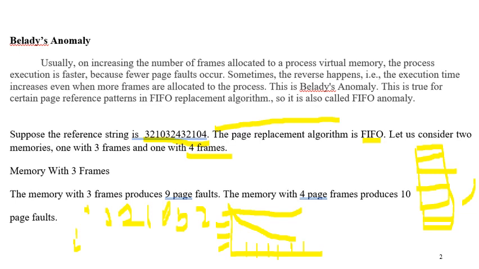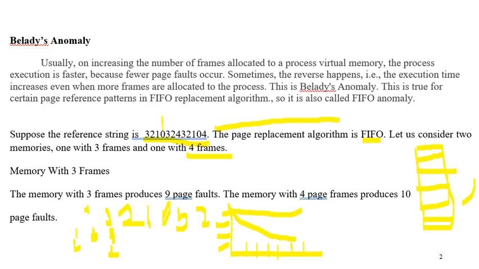First 3 will fit into the first frame, next 2 will fit in the second frame, next 1 will fit in the third frame, and next 0 will fit in the fourth frame. Coming to the 3, you need to replace a page. Which page you need to replace: whichever page is most used, that page should be replaced.